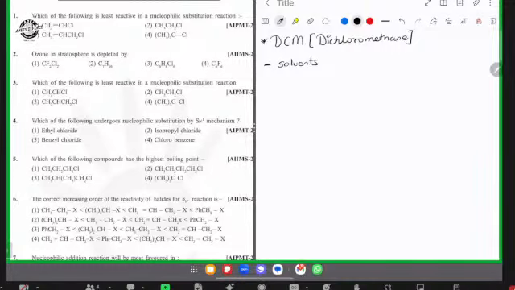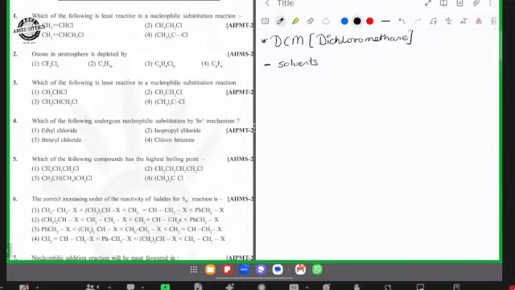Dichloromethane, is it miscible or immiscible with water? It has chlorine with it, so actually, it is immiscible. If you put water and DCM in one test tube, there will be formation of two layers.